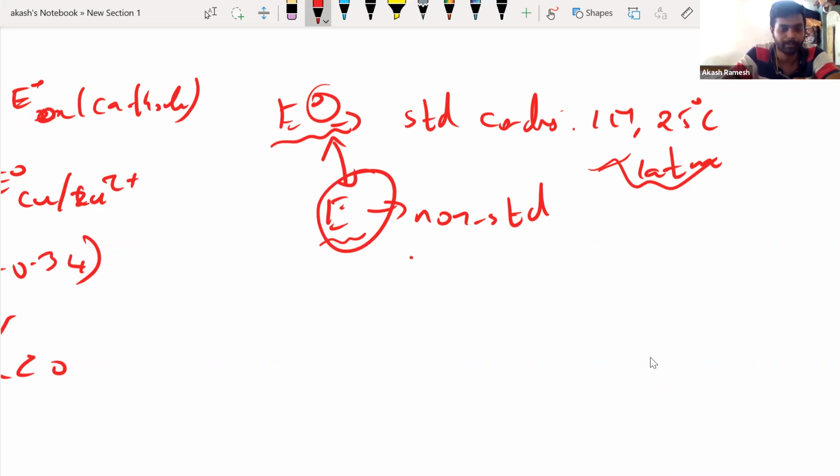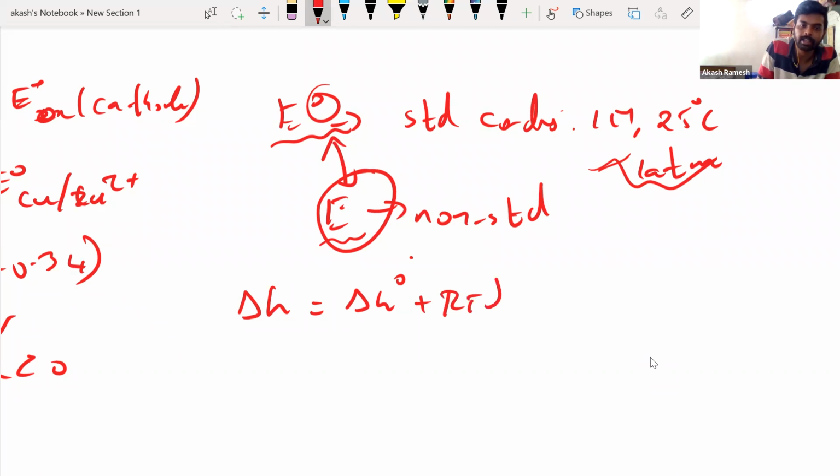There is a way. And for that, we have to go back to thermodynamics. Now, I hope you all remember this equation. I have delta G, which is the non-standard Gibbs free energy, equal to delta G naught plus RT ln QC.